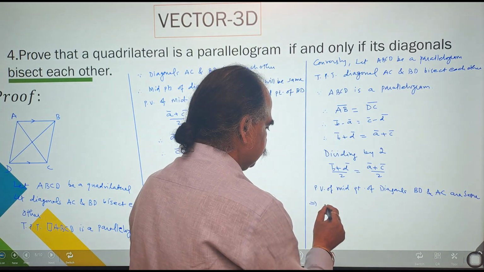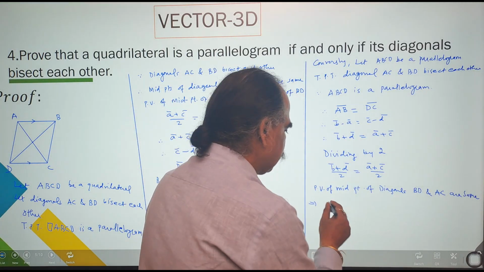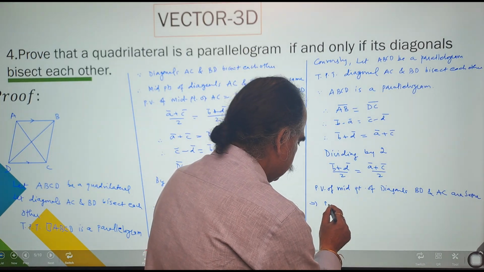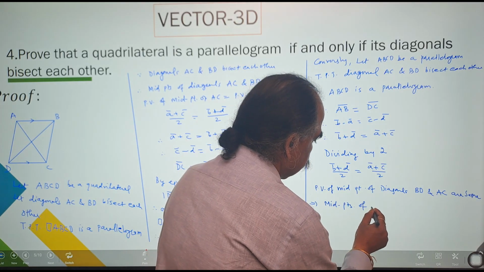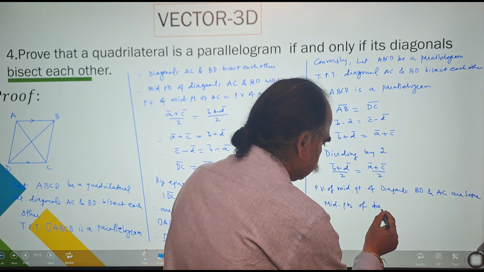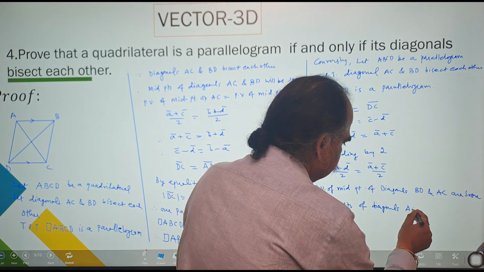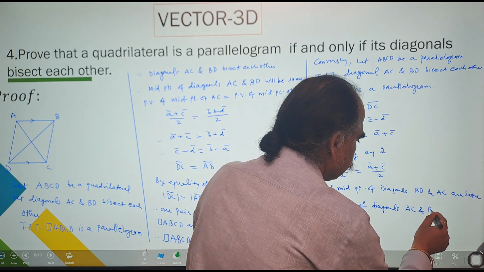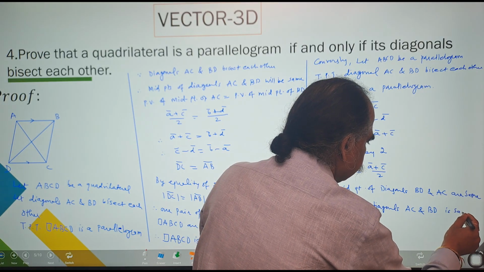This implies when position vectors are same, then the points will be the same. Therefore, midpoints of diagonals AC and BD are the same.